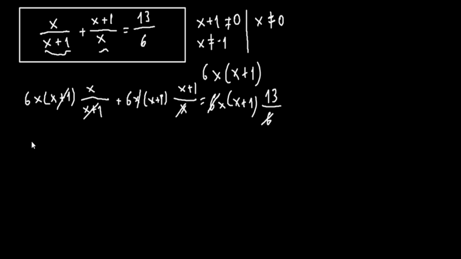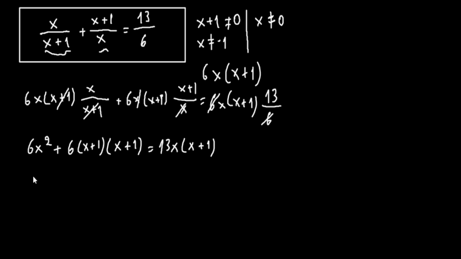So we have 6x squared plus 6x plus 1 times x plus 1 equals 13x times x plus 1.